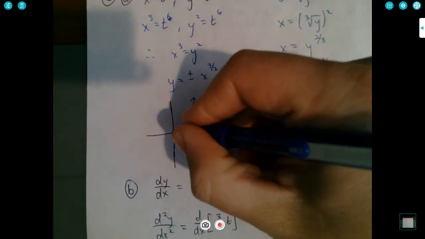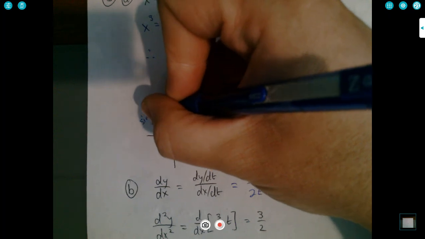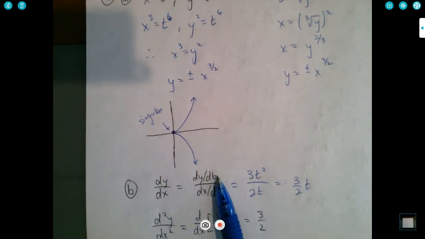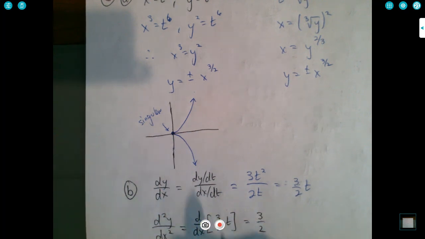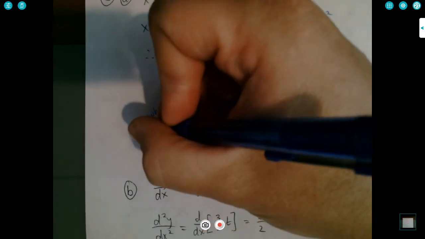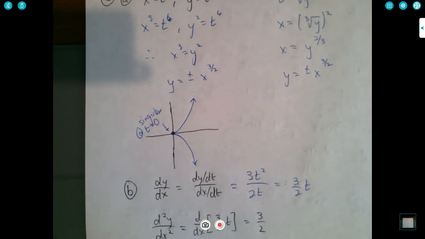What you have is a singular point, and it's a singular point because dy/dt and dx/dt are both 0 when t equals 0. Anyway, that's worth pointing out.